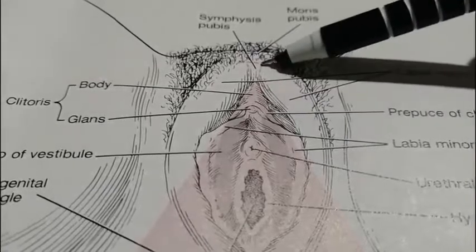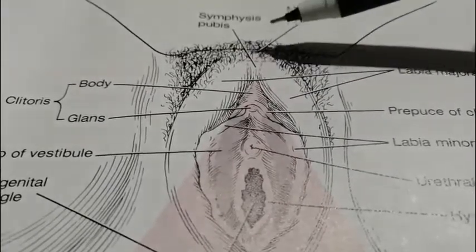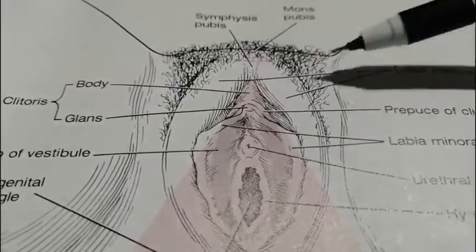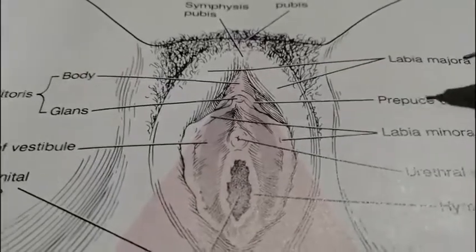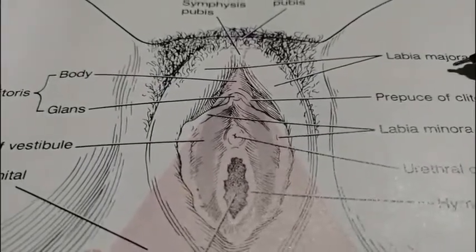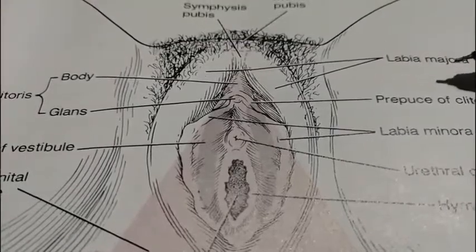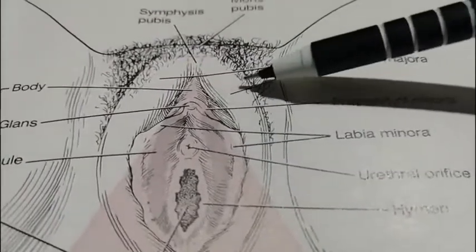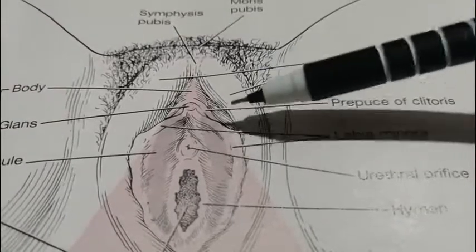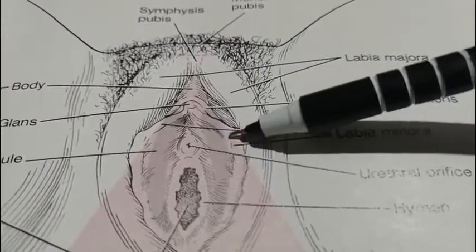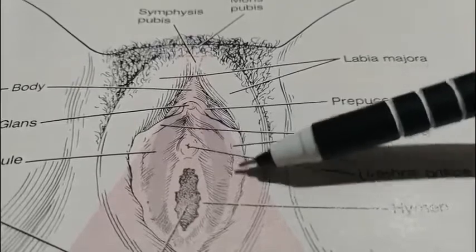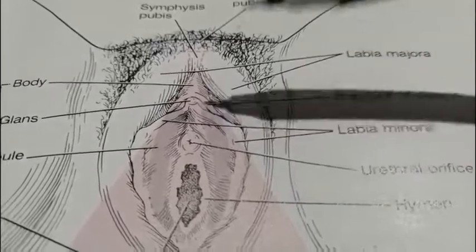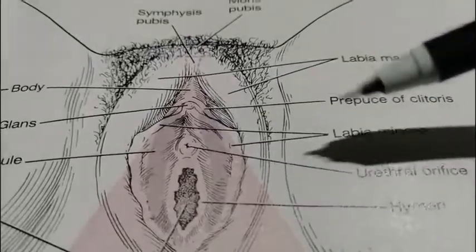Due to estrogen, fat accumulation takes place here, and at puberty development of hair takes place. Now look at this. The outermost covering is the labia majora, which is made up of two folds. The outer fold is skin like, has hairs and is pigmented, and the inner fold is unpigmented and has sebaceous glands on it. It doesn't have hair.